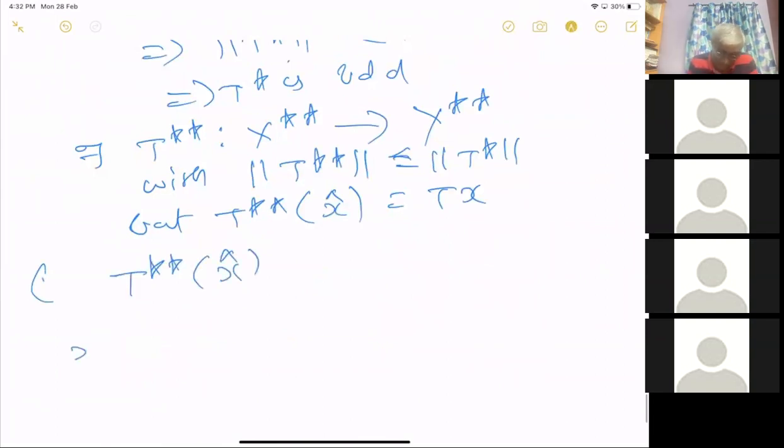Here x hat of any phi is equal to phi of x. We have defined this when we discussed reflexivity and other things.